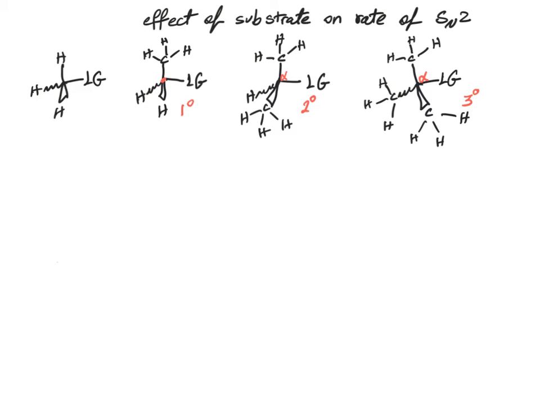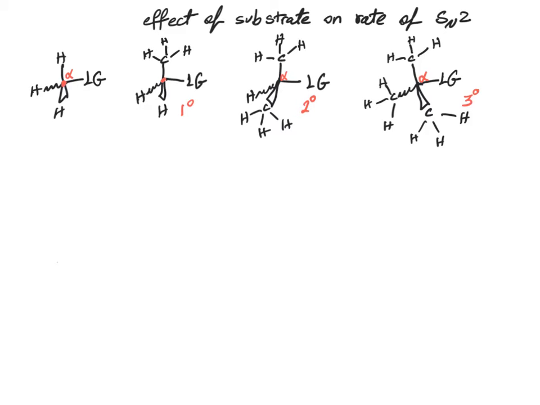Okay, now in SN2 reaction, the nucleophile has to attack the alpha carbon from the back side. And when we look at the alpha carbons in methyl substrate, primary, secondary, and tertiary, we will see that the alpha carbon of methyl substrate is the least crowded one. So for the nucleophile, it's very easy to reach the alpha carbon of methyl substrate.